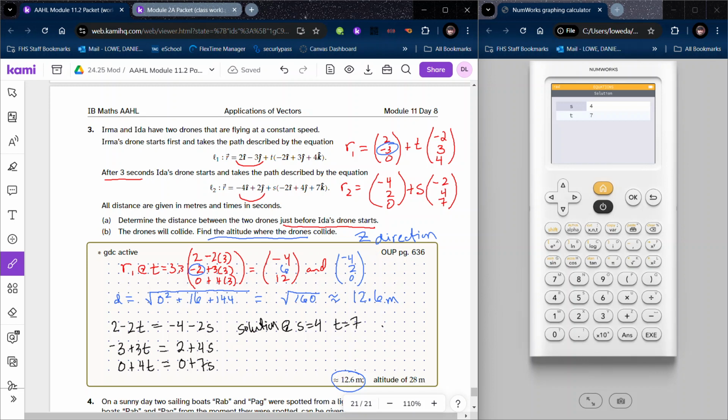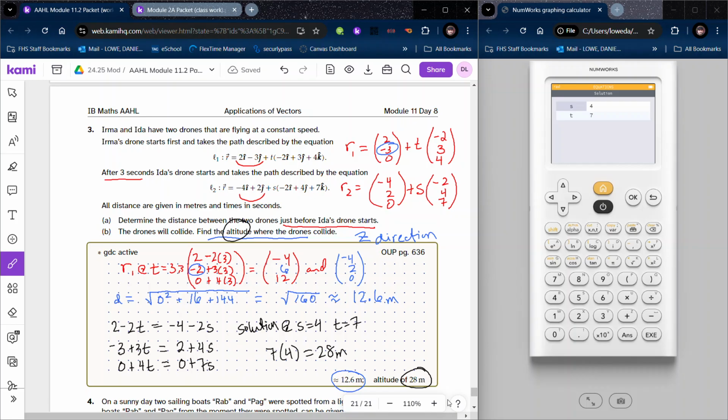So essentially, after 7 total seconds, or after the second drone is up in the air for 4 seconds, we want the altitude, so we need 7 times 4, and that's going to be 28 meters. We see the altitude is 28 meters.